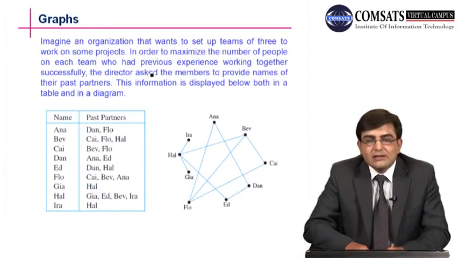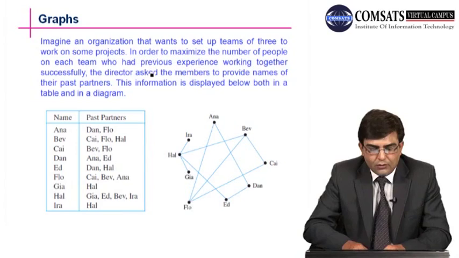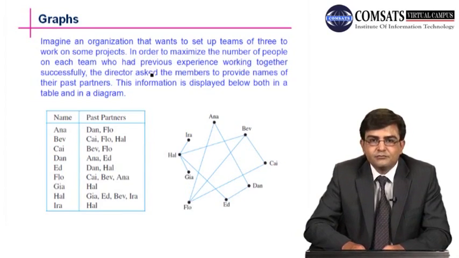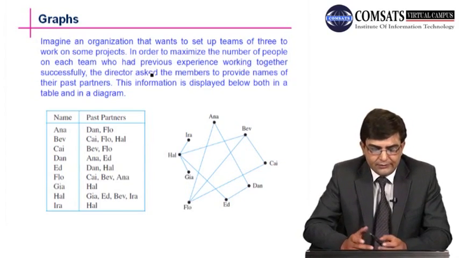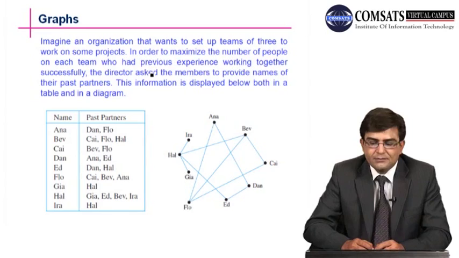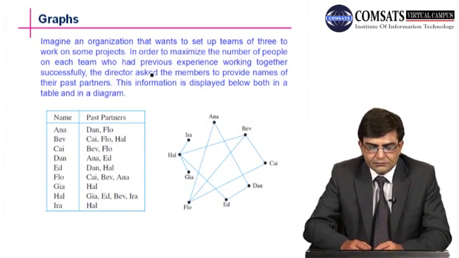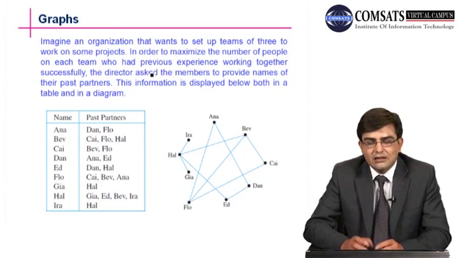So what is a graph and what kind of problems shall we deal with in graphs? Imagine an organization, a company that wants to set up teams of 3 to work on some projects, in order to maximize the number of people on each team who had previously worked together successfully.